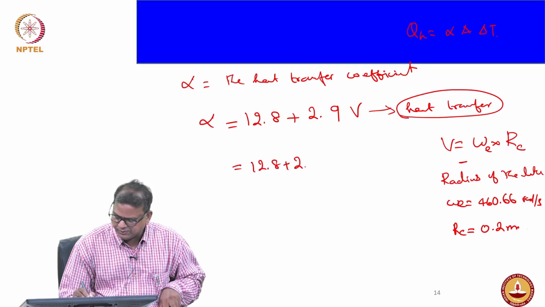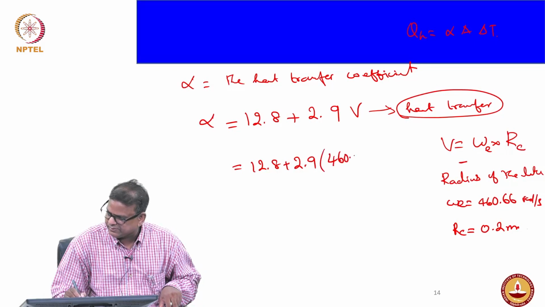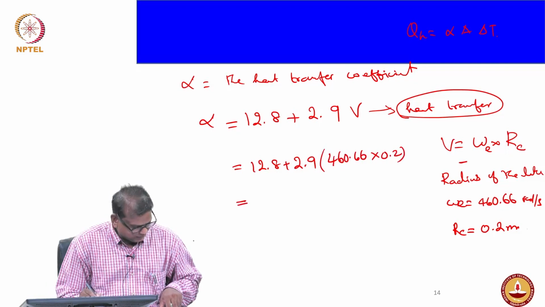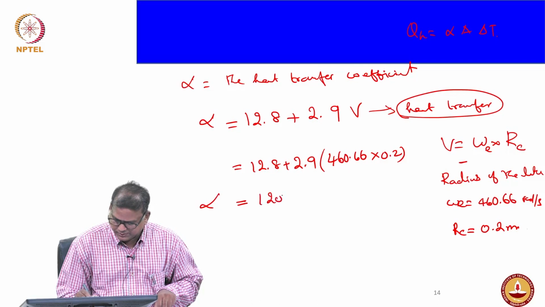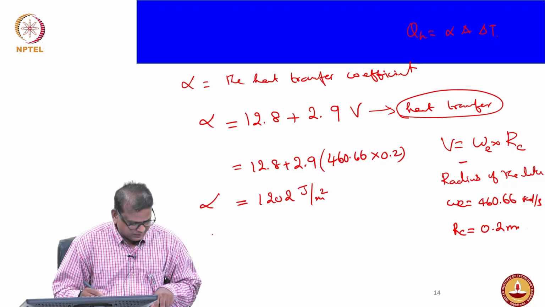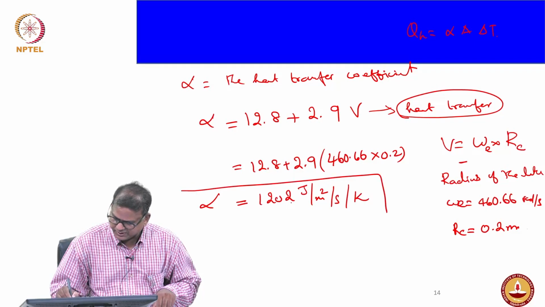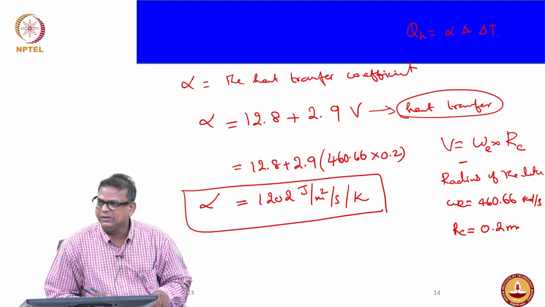12.8, 2.9. So I'll say 460.66, right. If you do that, I would expect alpha to be 1202 joules per meter square per second per Kelvin or per degree Celsius. Okay, alpha is covered.